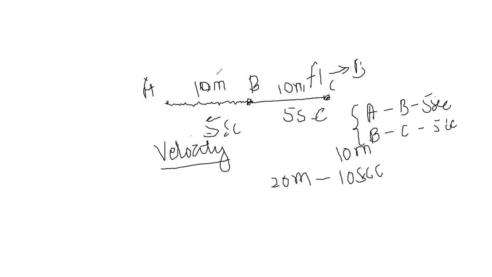Now, unequal interval of time. It means the body is traveling an unequal distance in an equal time interval. This is our point A, this is our point B, and this is our point C. Here, we cover this particular distance of 5 meters and this particular distance of 10 meters.